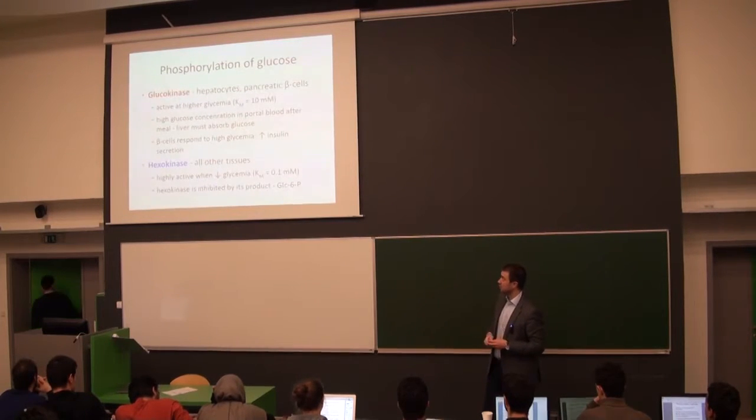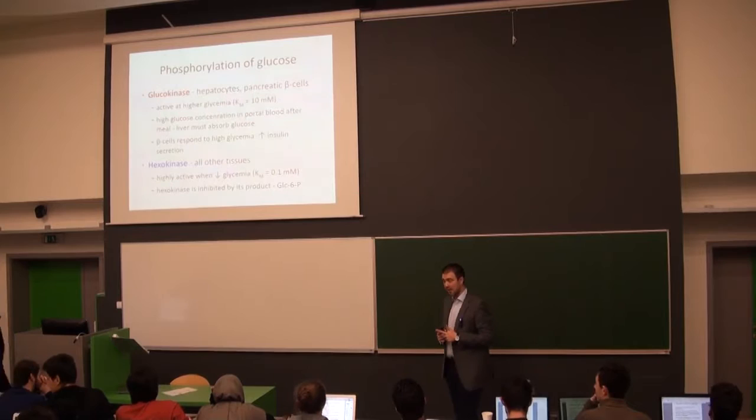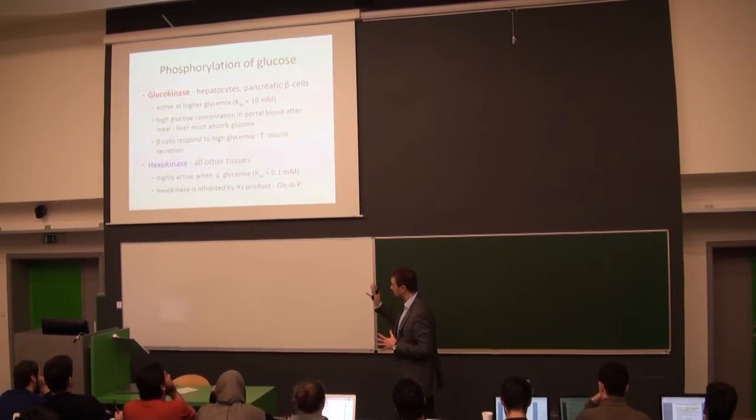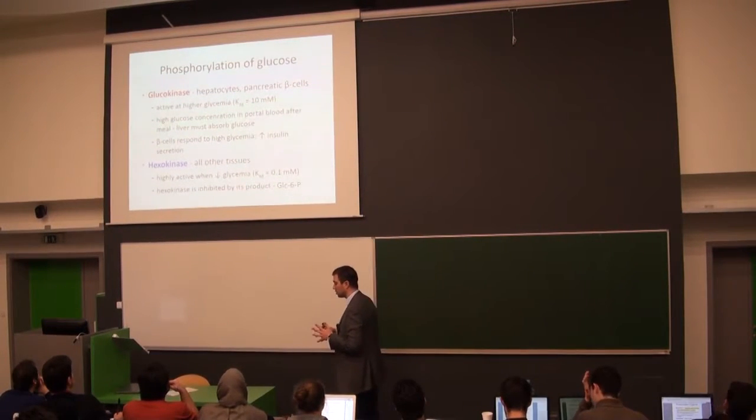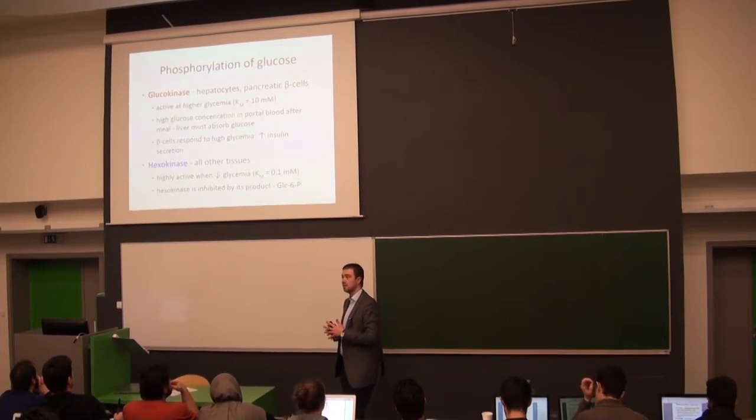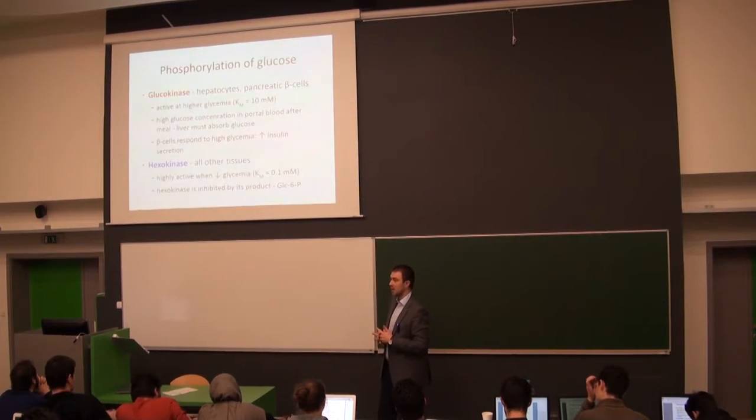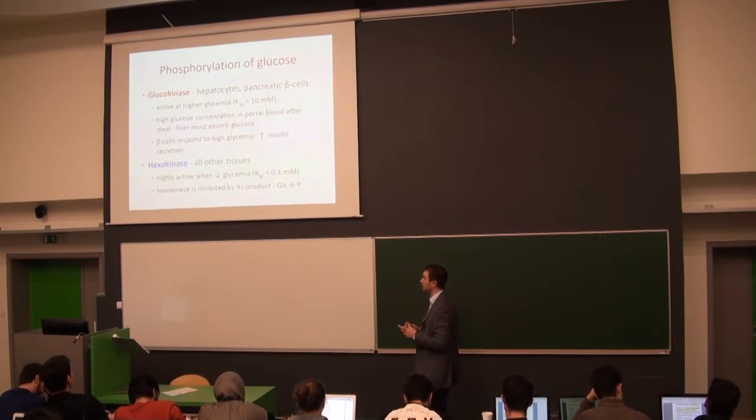The enzymes are called glucokinase and hexokinase, and I will now try to tell you what the differences are between these two molecules, and why it's useful for us to have two enzymes catalyzing the same phosphorylation.